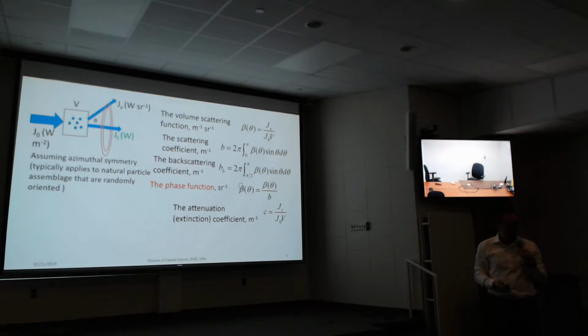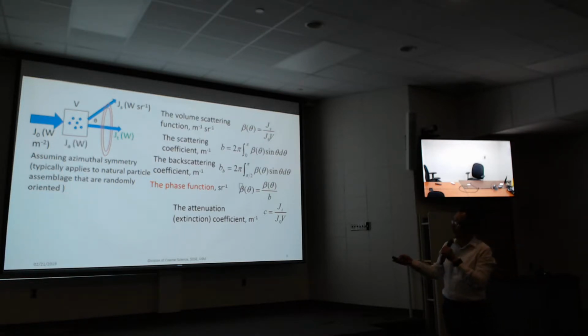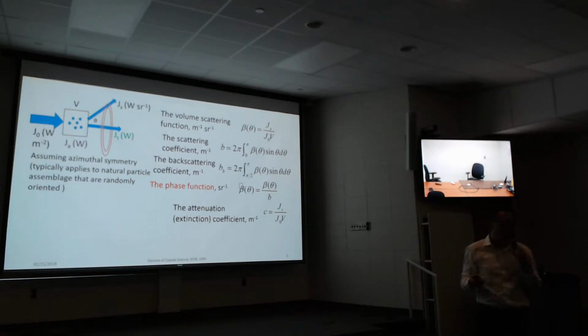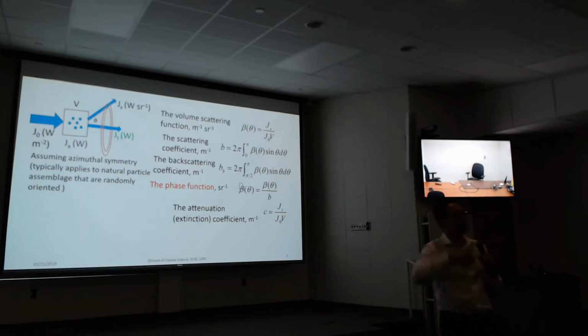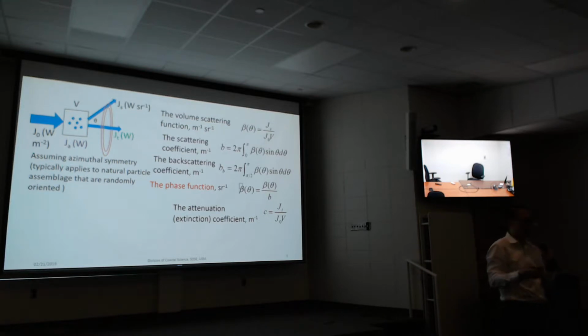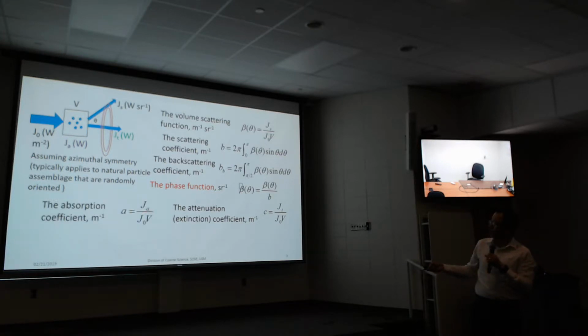Now we can do another exercise: we measure how much light is absorbed. Light coming into a medium is either scattered or absorbed. Absorbed means it is absorbed by the medium, turned into heat, or used for other things like photosynthesis. If we measure this absorbed light and do the same operation, we get the absorption coefficient.